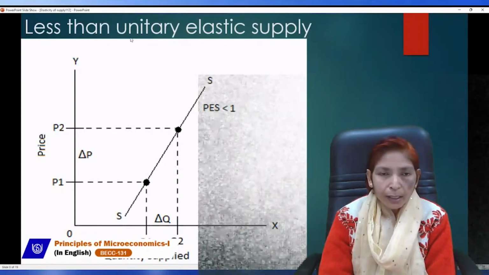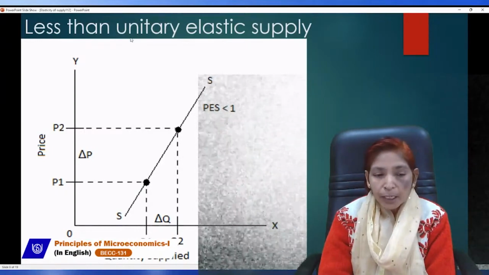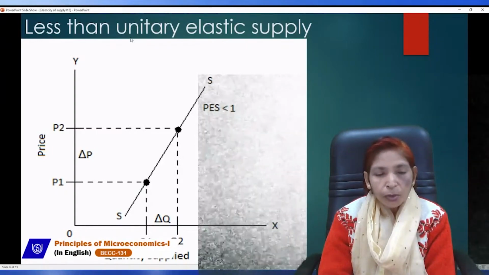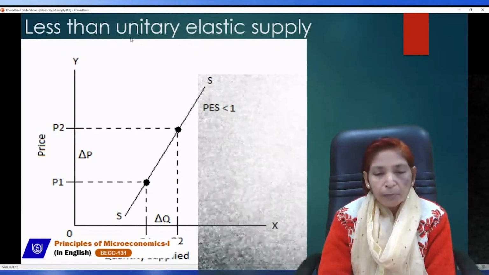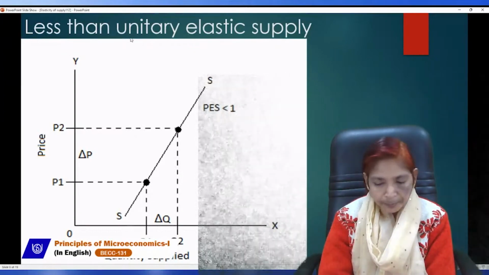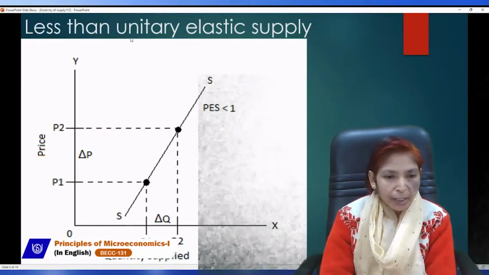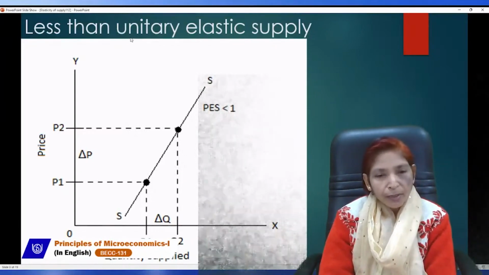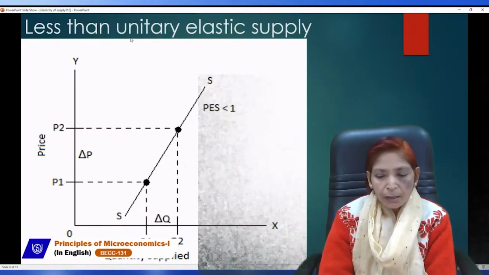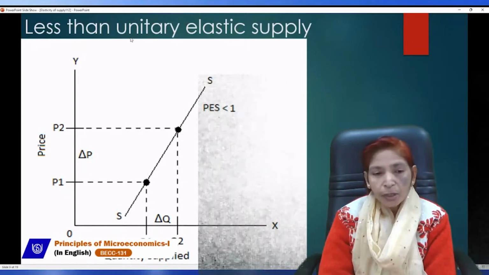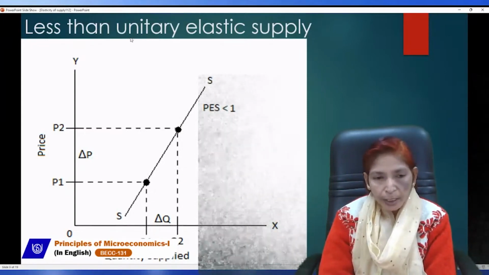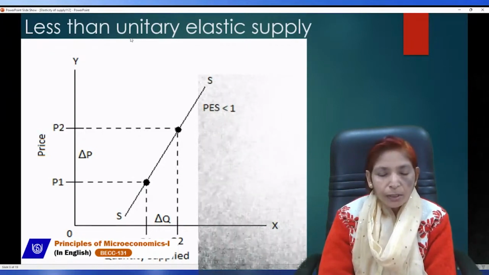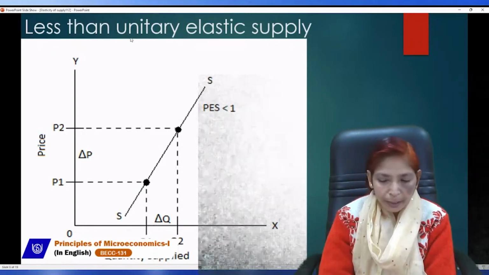When supply is unitary elastic, the supply curve starts from the origin, or the line passes through the origin. It may be a 45-degree line or a 60-degree or 50-degree angle, it doesn't matter. If an upward sloping line passes through the origin, it always shows unitary elastic supply.